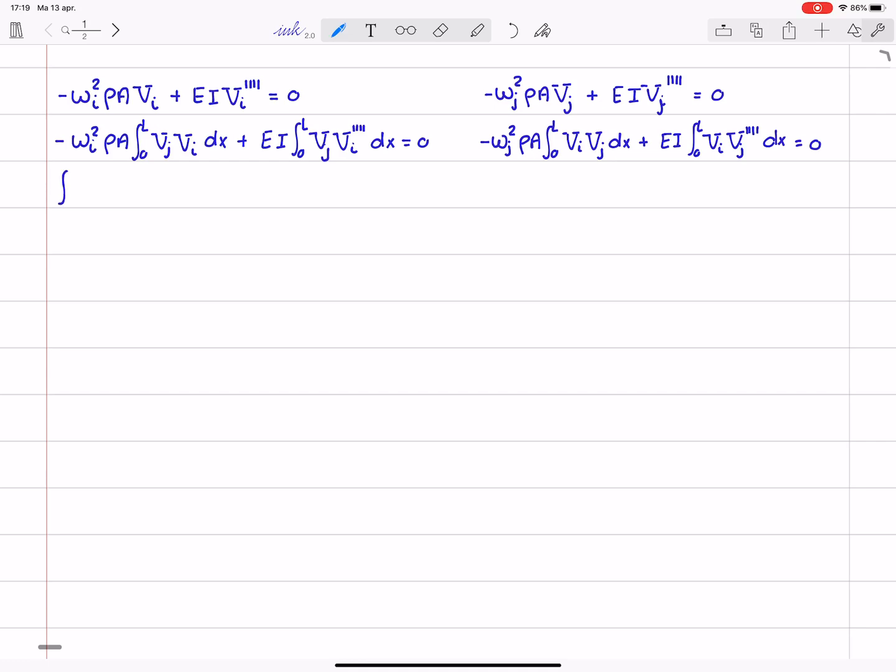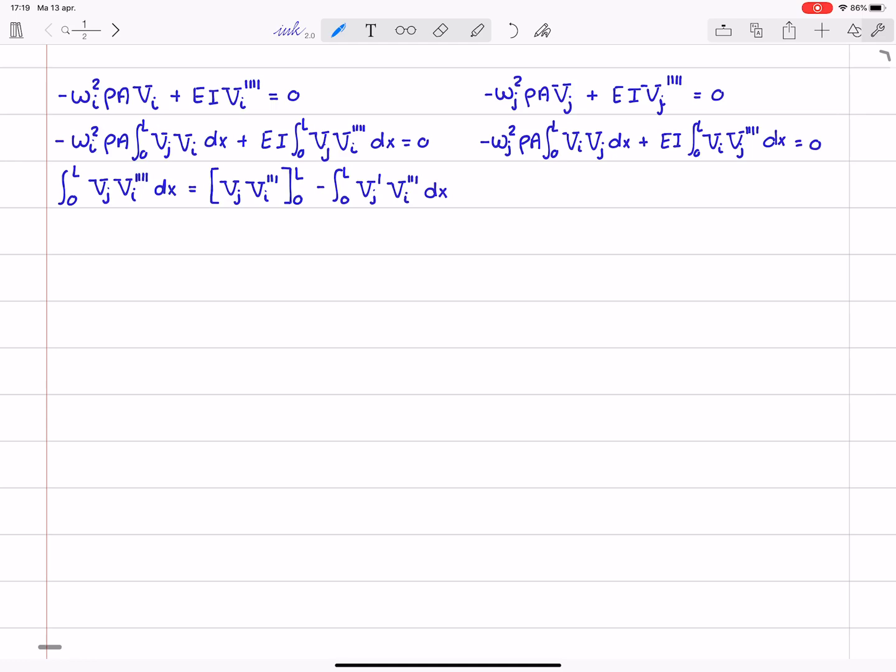So the integral of Vj times Vi fourth derivative can be rewritten using integration by parts as Vj times Vi third derivative at the boundaries 0 and L minus the integral from 0 to L of Vj first derivative times Vi third derivative dx.